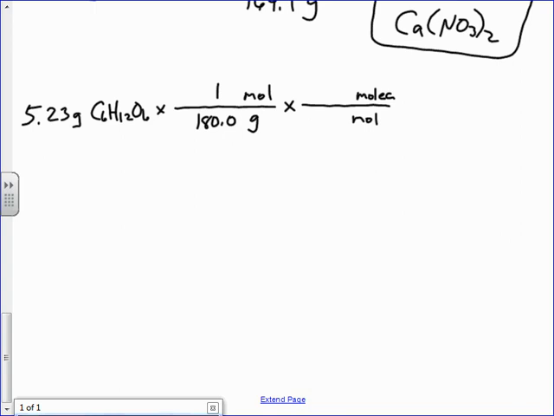And in 1 mole, there are 6.02 times 10 to the 23rd molecules. Okay? So that's going to give us our answer on that one. 5.23 divided by 180 times 6.02 times 10 to the 23rd gives me 1.75 times 10 to the 22nd.